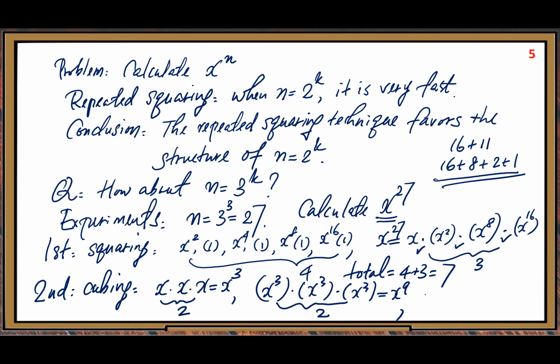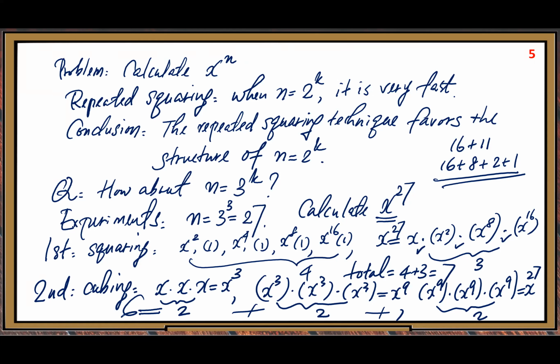The last step, x to the 9th times x to the 9th times x to the 9th equals x to the 27th, another 2. Look at that: 2 plus 2 plus 2. So the answer equals 6.